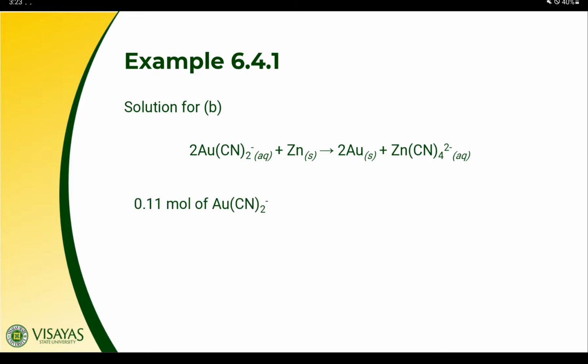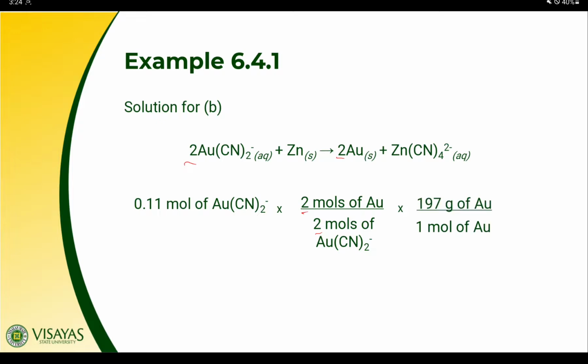So to solve that, of course, we start with 0.11 mole of gold cyanide, and then we use the mole ratio of gold cyanide and gold. So we have 2 moles of this and 2 moles of gold. Then to convert mole of gold to gram gold, we use the molar mass of gold, which can be found in the periodic table of elements. Again, we put the mole of gold in the denominator and the gram gold in the numerator so that we can get our desired unit, which is gram gold.